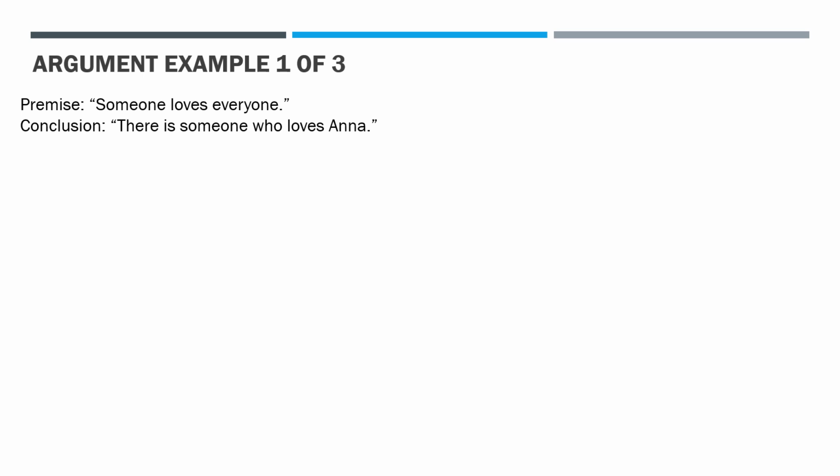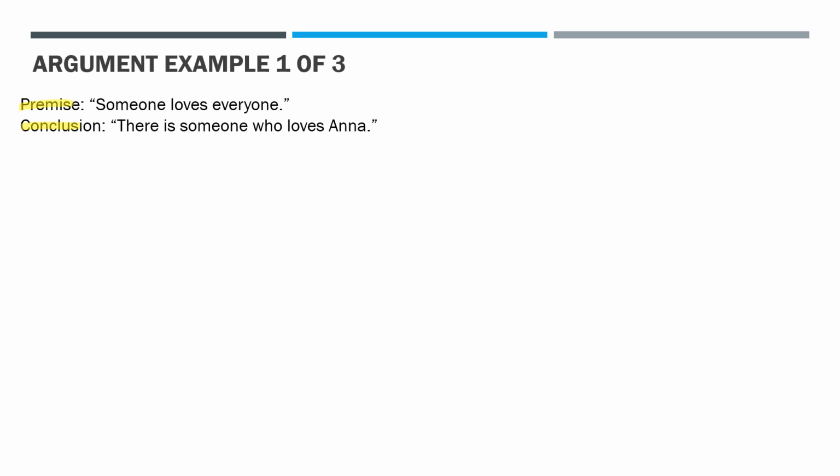Enough of that. Let's get into some argumentation. We'll do 3 here. The first one is premise, someone loves everyone. Conclusion, therefore, there is someone who loves Anna. Intuitively, this is obviously valid. Anna belongs to the class of everyone, and someone loves everyone, so it must be the case that someone loves Anna. But we want to prove this with first-order predicate logic.